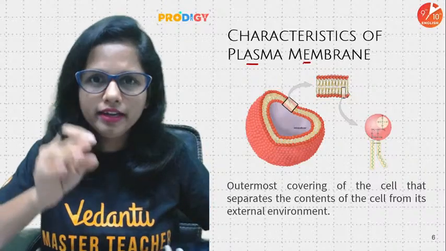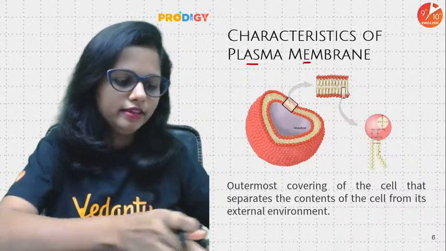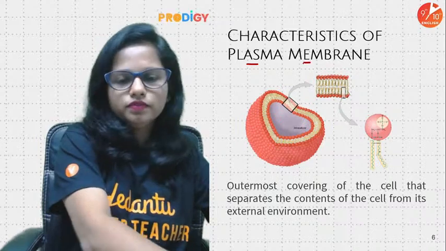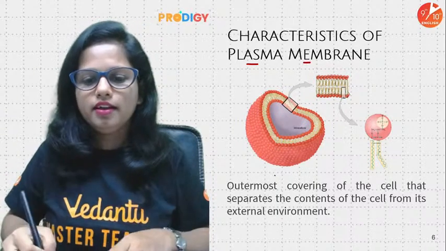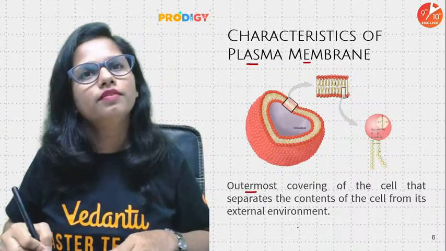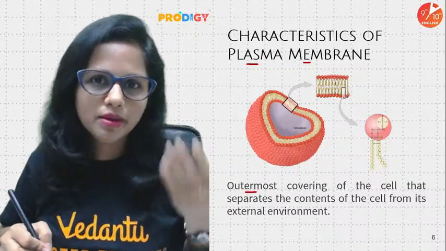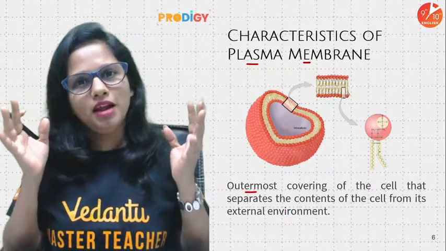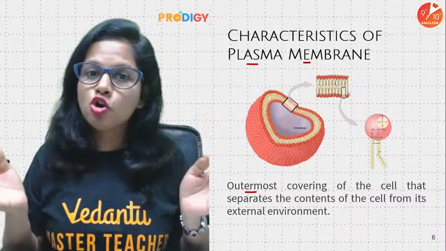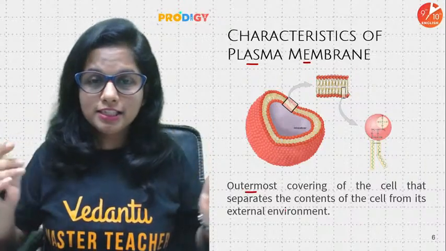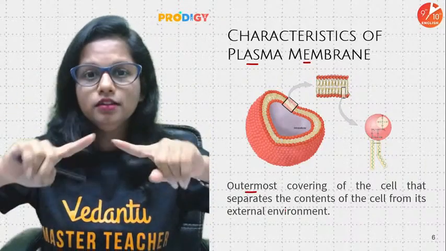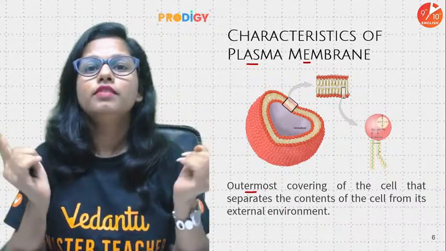So to protect the cell, there is a protective covering, and this outermost protective covering is known as the cell membrane, or the plasma membrane. What is its job? It protects the inner contents of the cell from the external environment.